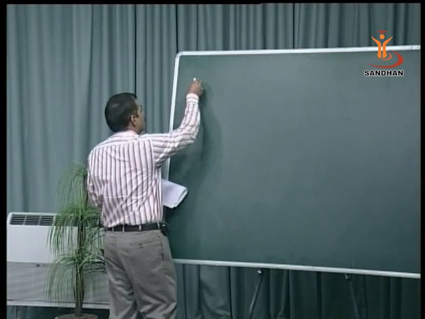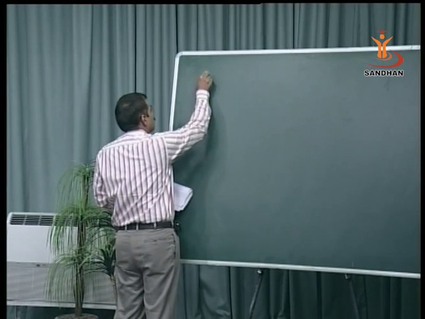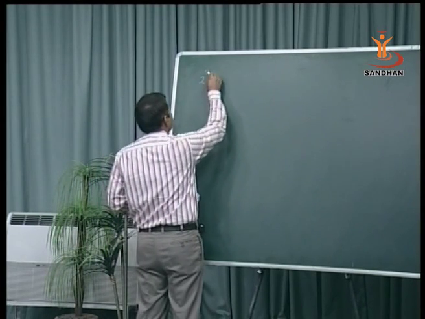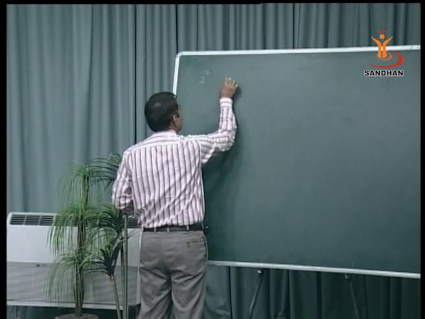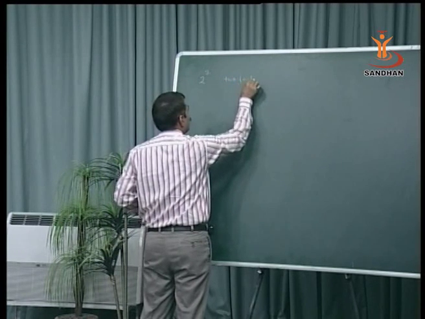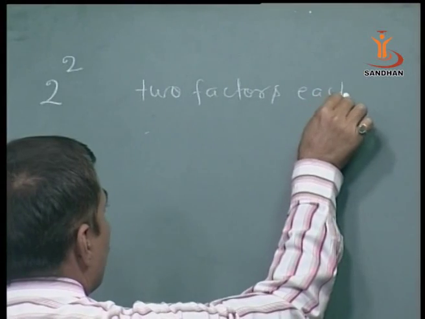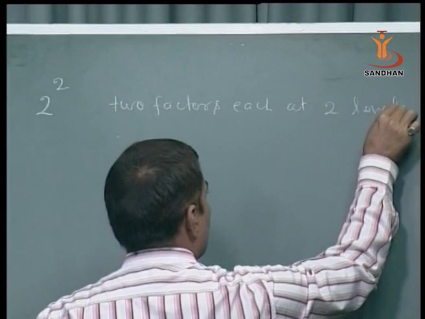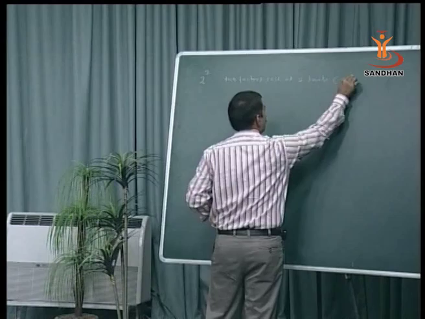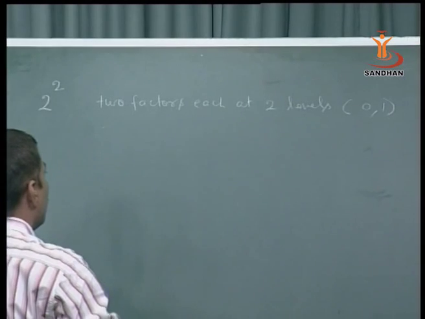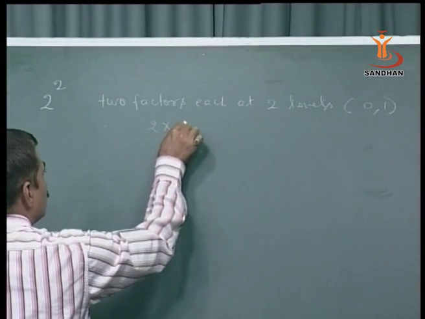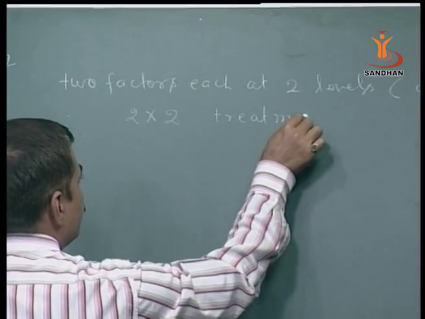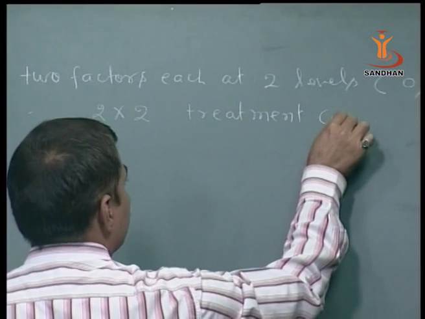For example, we are taking 2 raised to power 2, where there are two factors, each at two levels, so 0 and 1. So here are total 2 cross 2 treatment combinations.